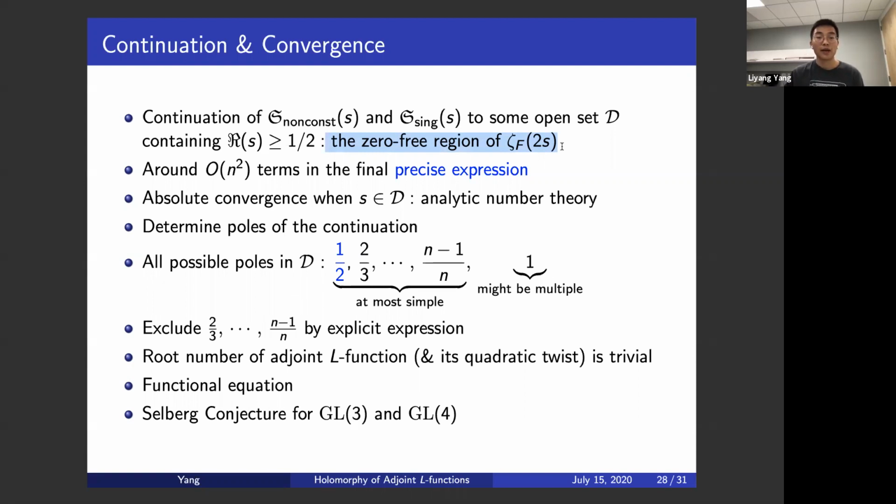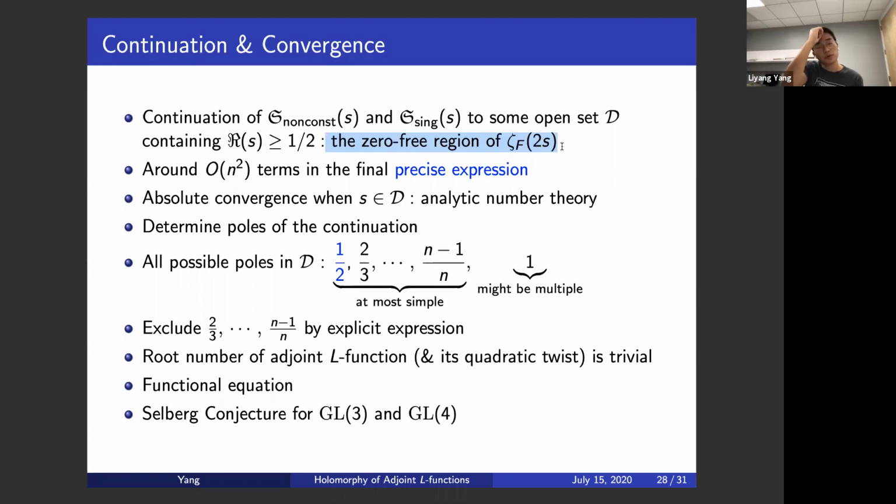And then we will shift the contour to get a holomorphic continuation. We'll shift term by term. There are many possible poles, but eventually there would be around n squared terms in the final precise expression.